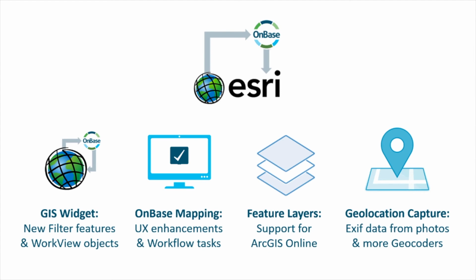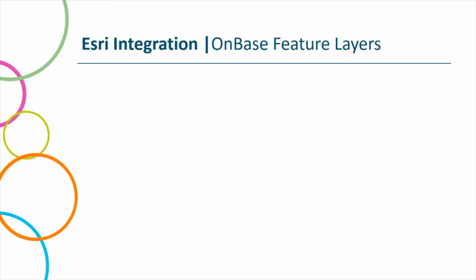And very importantly, in a piece of geolocation capture, we can now bring the EXIF data from photos in to help you place that photo on the map, as well as being able to use more geocoders if you're using a custom geocoder. So just one little example as we end this video highlights reel.